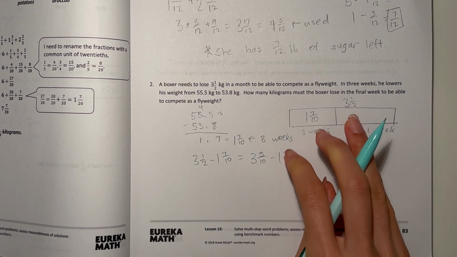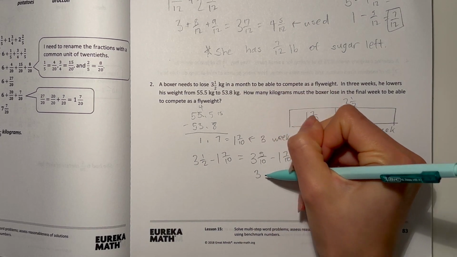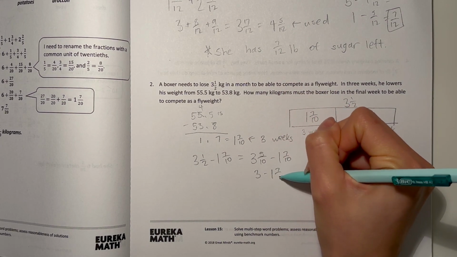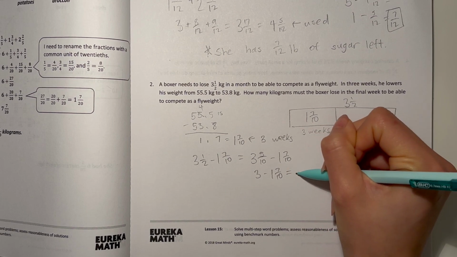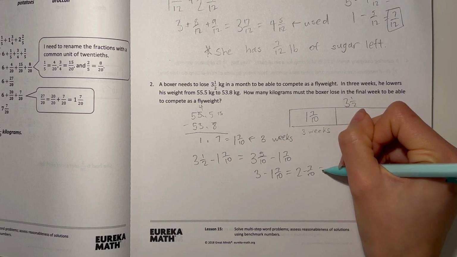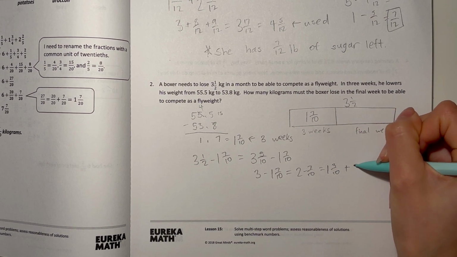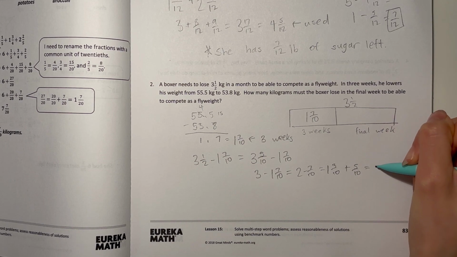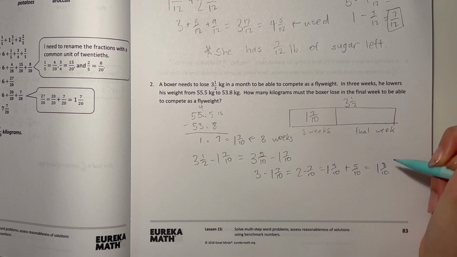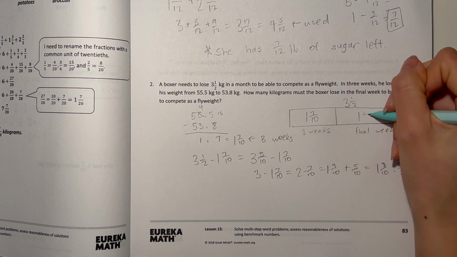And we have our numerator here that's bigger, so we can do the strategy. 3 minus 1 7/10 equals 2 minus 7/10, which is 1 3/10. We have to add back that 5/10. So our answer is 1 8/10. And if you divide it by 2, you get 1 4/5.